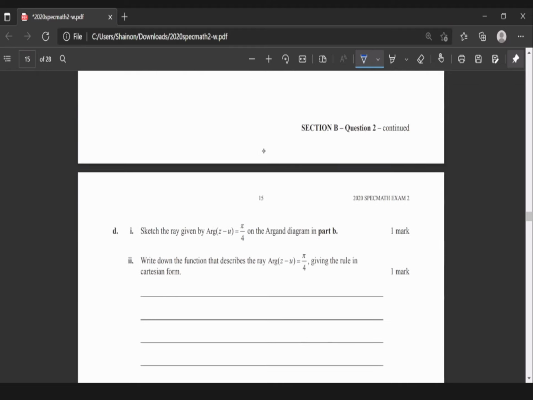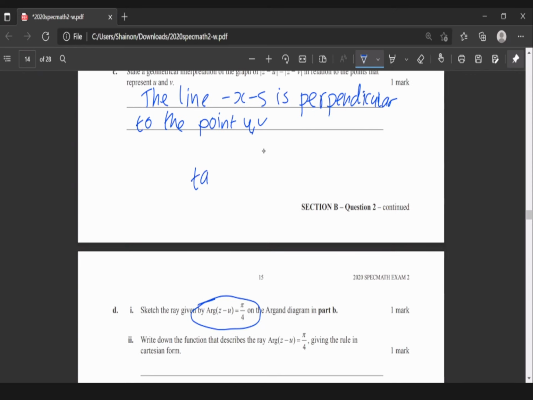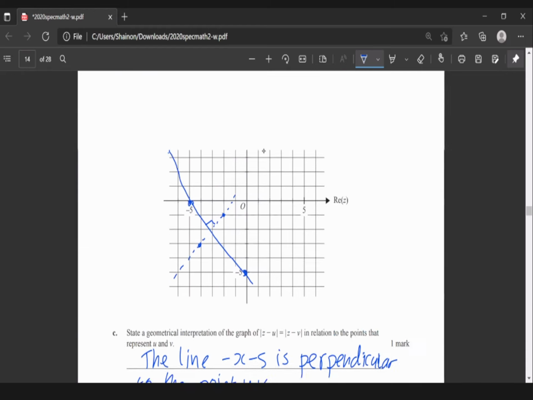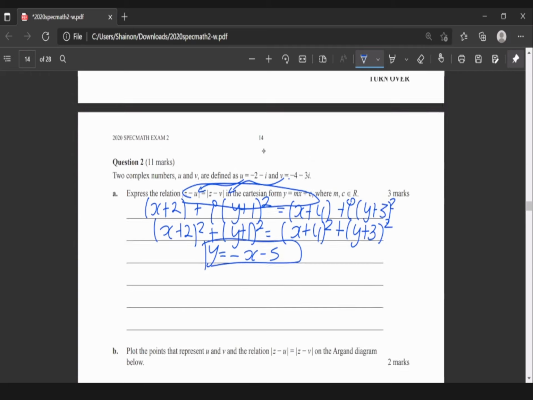Okay, sketch the ray of this. You can straight away plot it, or you can do tan inverse pi over 4 equals y, so minus, oops, what is u again?